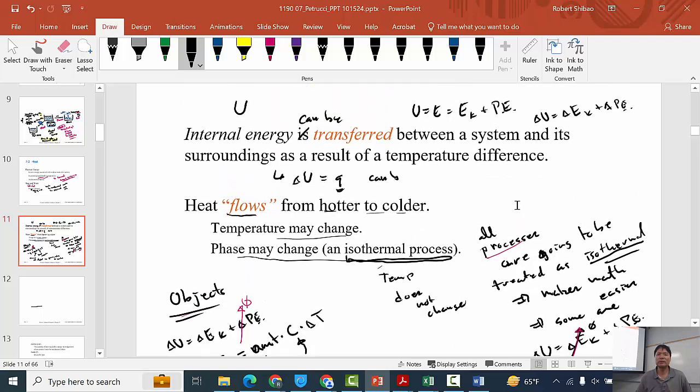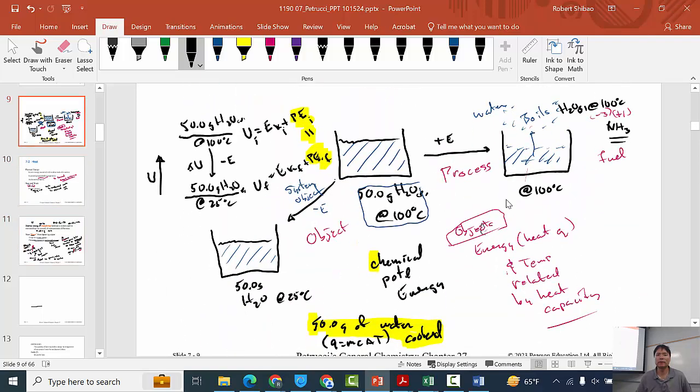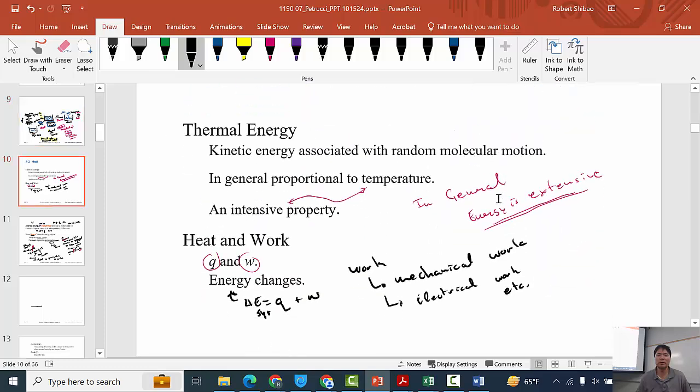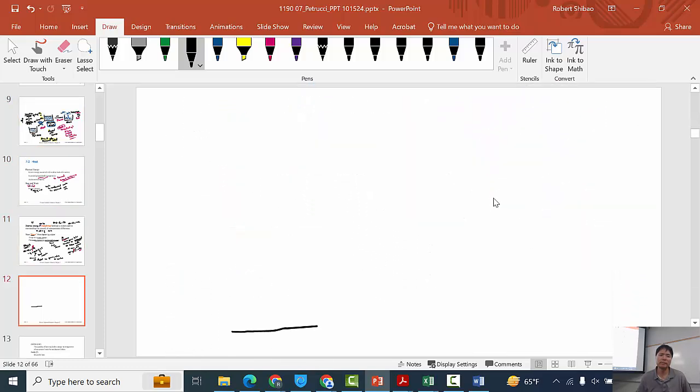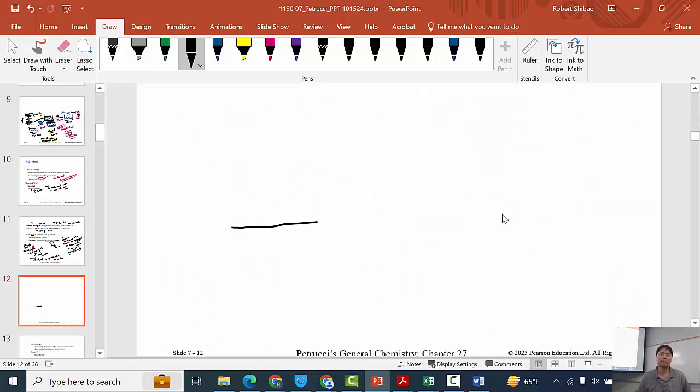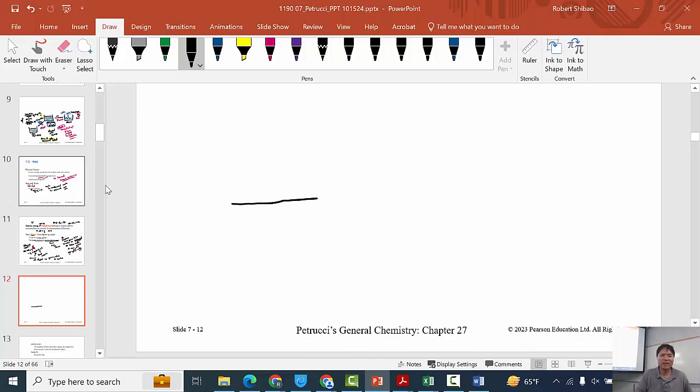Energy is extensive, so we need amounts. So I forgot how much I had: 50.0 grams of water at 100 degrees C. So I have some kind of arbitrary internal energy scale here, U or E. And then I have my 50.0 grams of H2O liquid at 100 degrees C. All right, one thing, I can cool this down to room temperature.